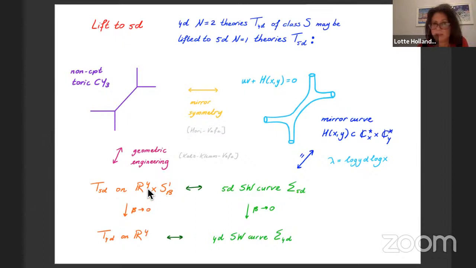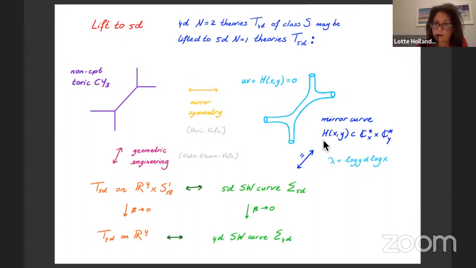And by geometric engineering, such a 5-dimensional theory is related to a certain non-compact toric Calabi-Yau, which by mirror symmetry is related to another non-compact Calabi-Yau of the form uv + h(x,y) = 0.